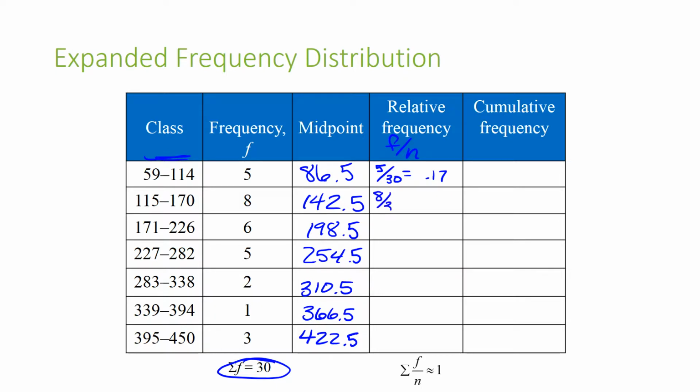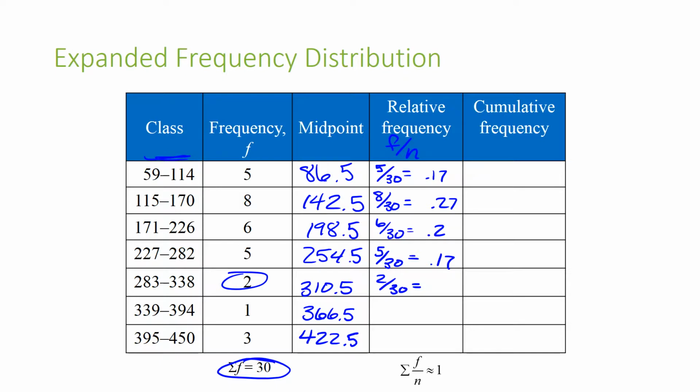For the next category, we've got 8 out of 30, which rounds to 0.27. Then 6 out of 30, which is exactly 0.2. 5 out of 30, which is 0.17. 2 out of 30, because again, we've got the 2 over there.